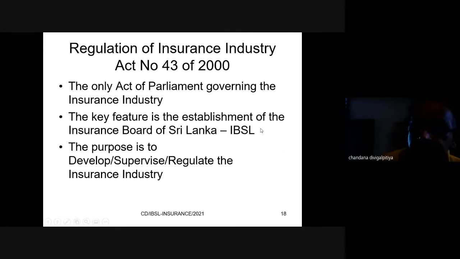This name has now been changed to IRCSL, all in capitals, with the full name within brackets: Insurance Regulatory Commission of Sri Lanka.